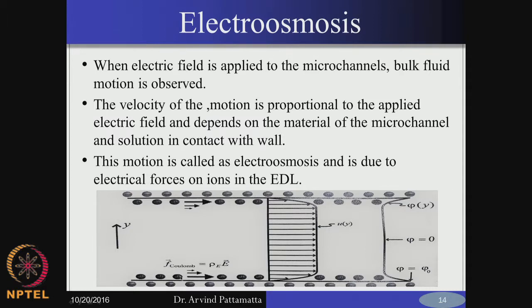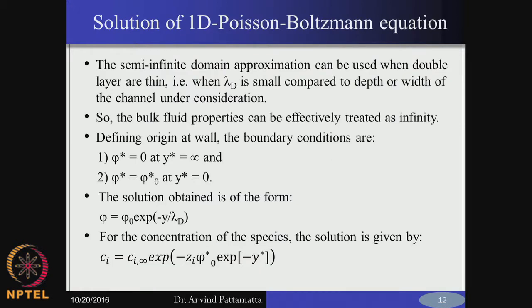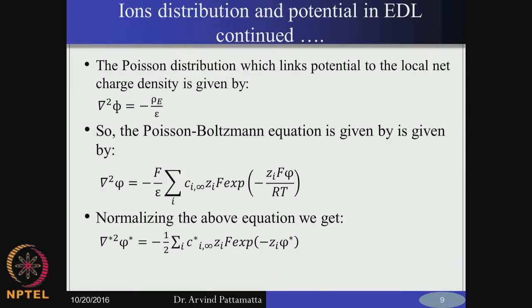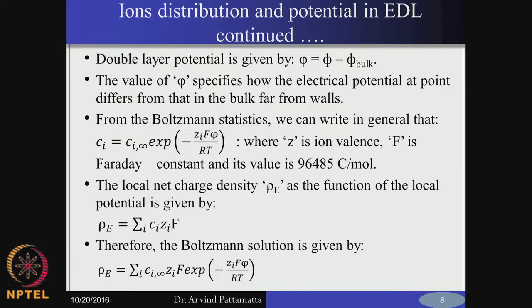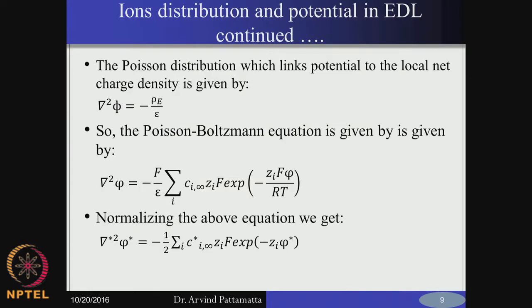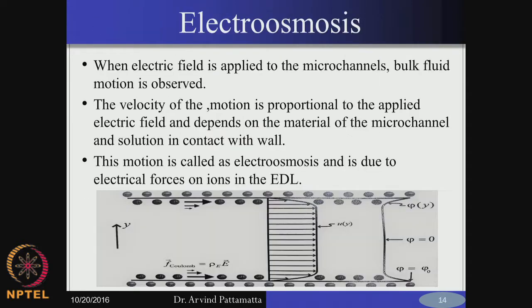According to this expression, rho e is a very strong function of phi. So, wherever you have large values of phi, that is where the local charge density also will be quite significant. Therefore, close to the wall is where all the force is exerted, and if you move away from the wall where the potential becomes 0, there is no force.